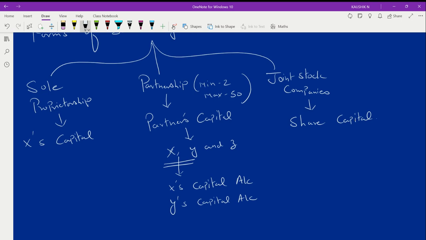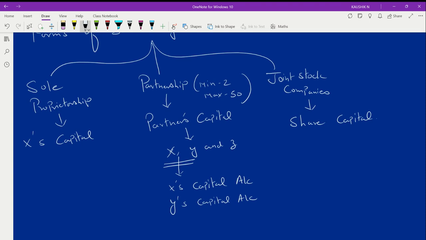But in companies, it goes above 50 also. It depends upon the number of shares the company is coming forward to issue. So, in order to break down the limitations you have in partnership, you have the joint stock companies.